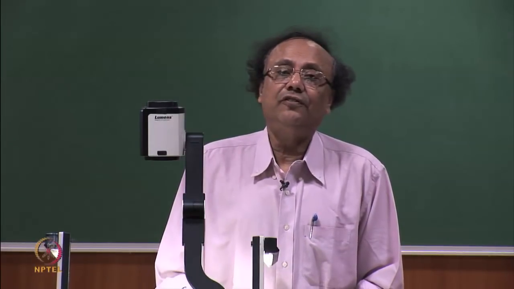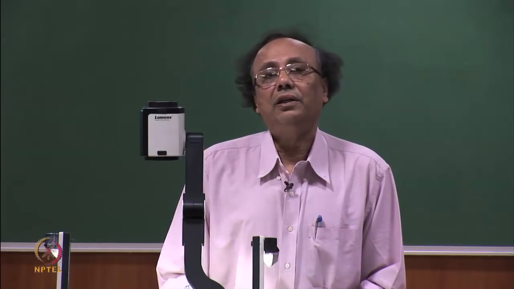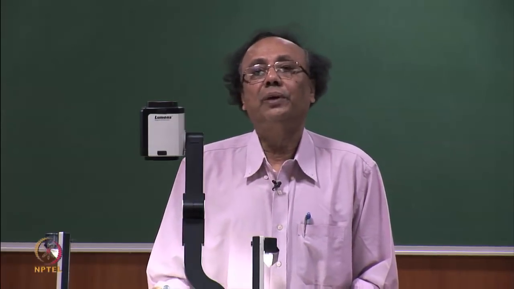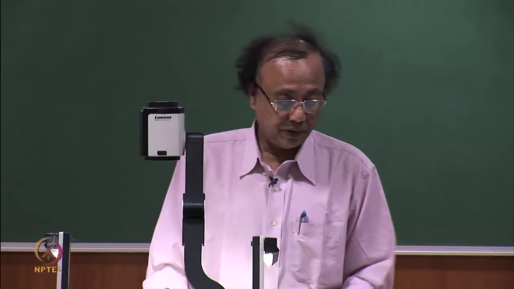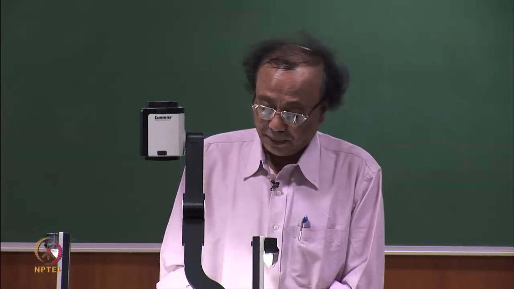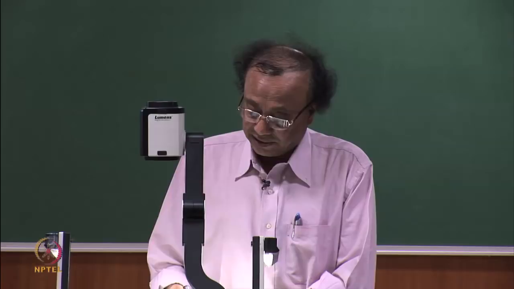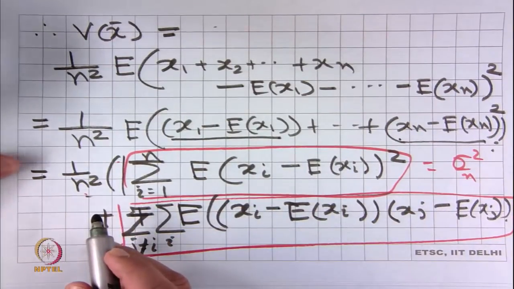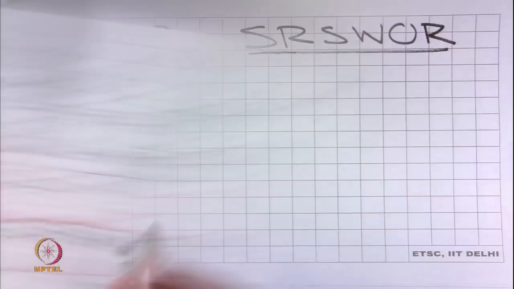When we have chosen the first sample, we cannot take it again from the population. So, each element can occur at most once in the sample. So, going back to the equation of variance, this term still remains sigma square by n.